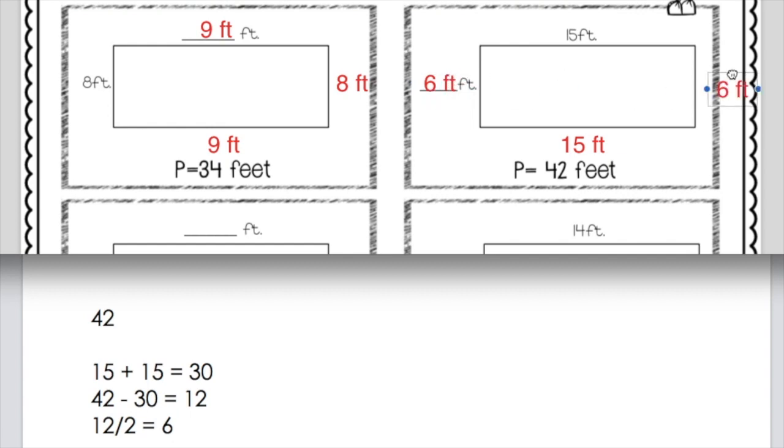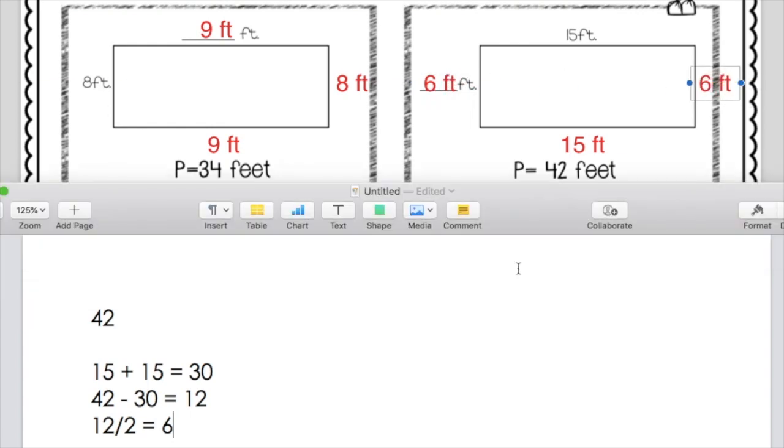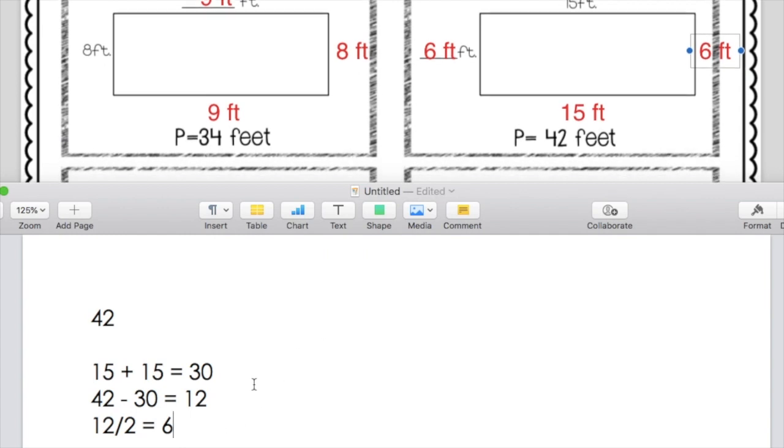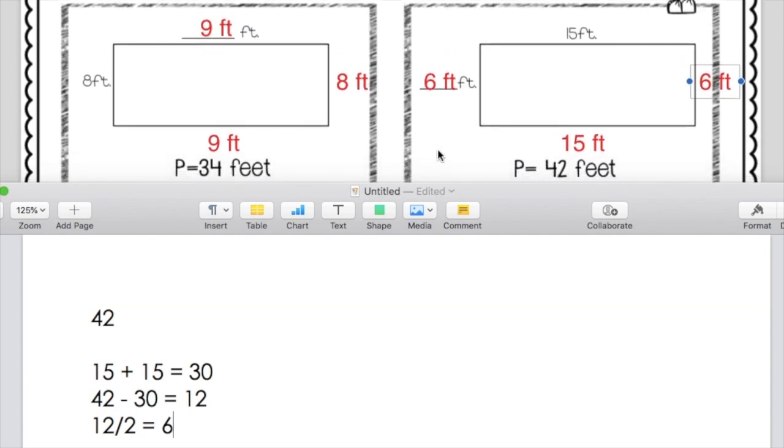And the same for over here. Always double check your work by adding it up. 15 plus 15 is 30, plus 6 is 36, plus another 6 is 42. You can always use a calculator to check your work.